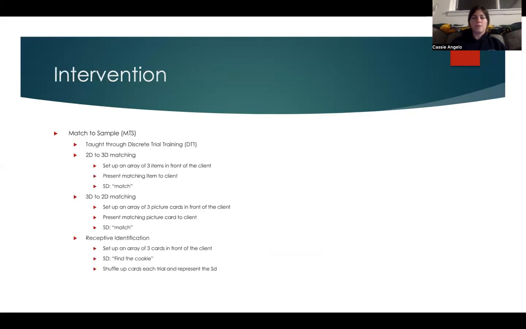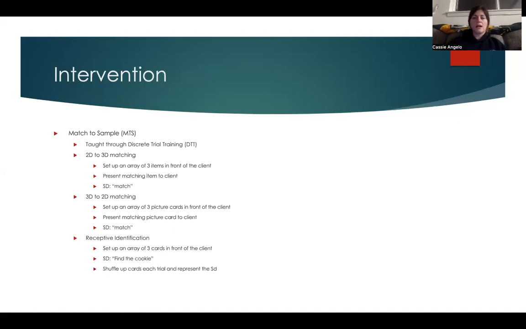So the intervention that we used was match to sample, and we taught this through discrete trial training. First we did 2D to 3D matching. We set up an array of 3 items in front of the client. We presented the matching item to the client and provided the SD match.